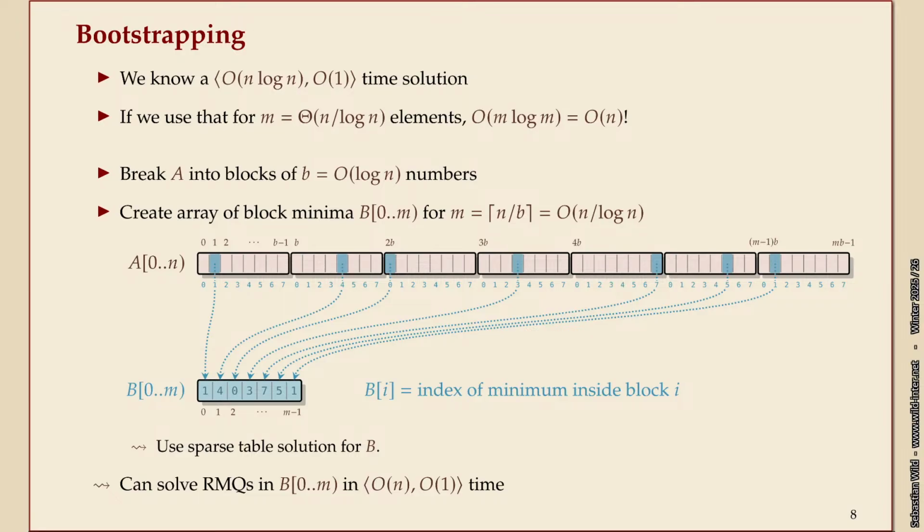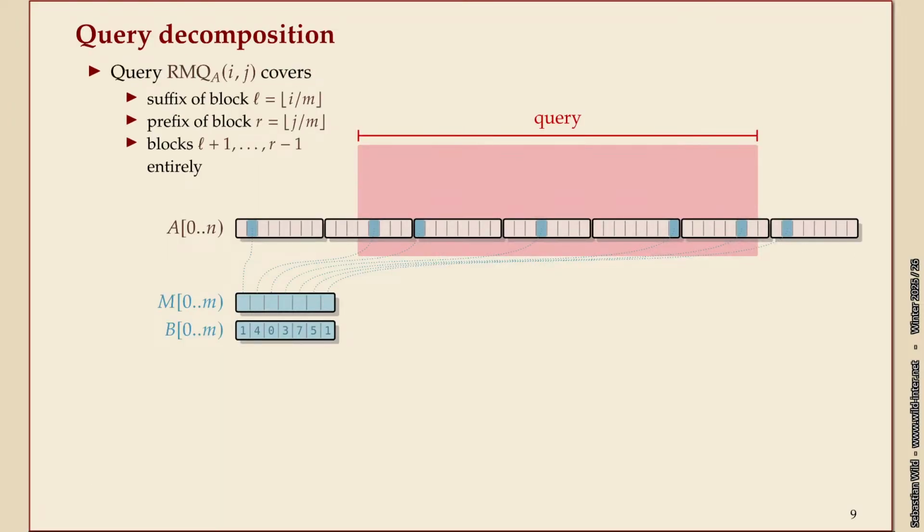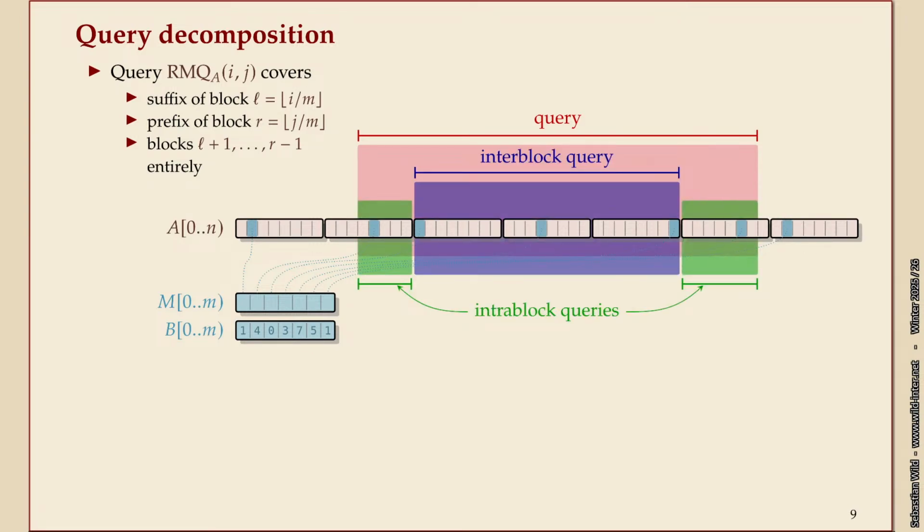But we can at least solve RMQs on the block minima, that's right. What we can't fully do yet is solve general queries, but we can puzzle them together from at most 3 parts.